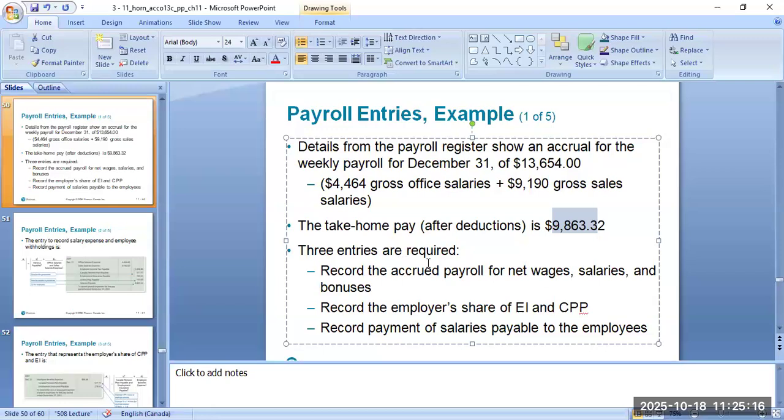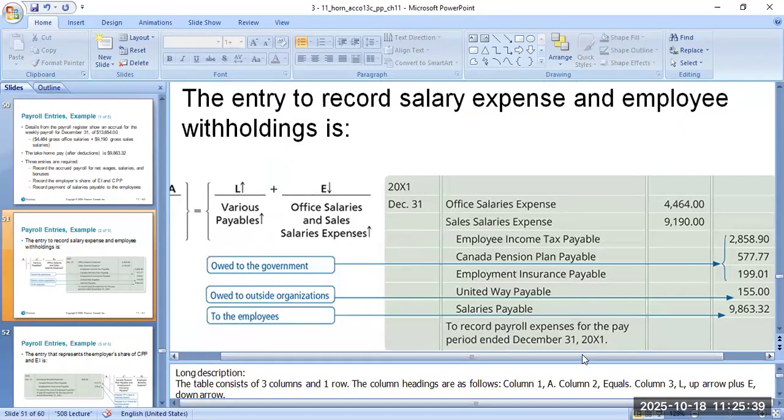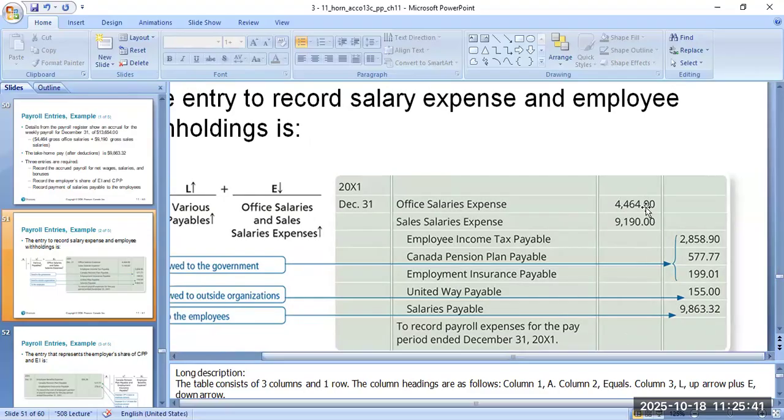Three entries are required. First, to record the accrued payables for net wages, salaries, and bonuses. Second, to record the employer share for employment insurance and Canada Pension Plan. And third, to record the payment of the salaries to the employees. So first one: office salary expenses, sales salary expenses.